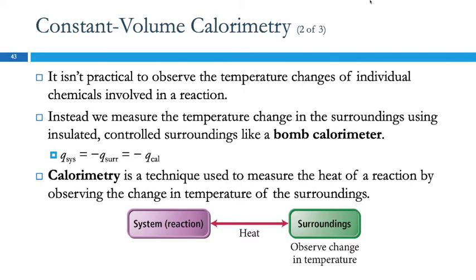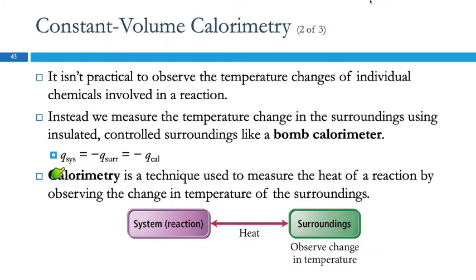So it isn't practical to look at temperature changes of individual species in a reaction. So we monitor it using the surroundings. A bomb calorimeter is used. This is a little bit like that beaker of water that we put the hot piece of metal into, and we measured the temperature change in the metal.